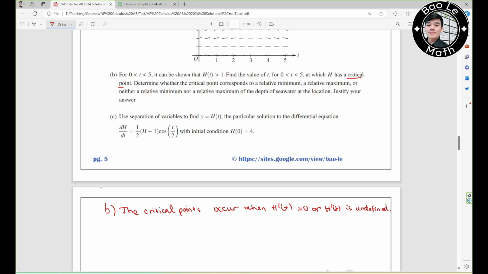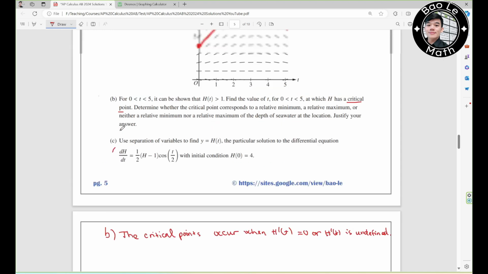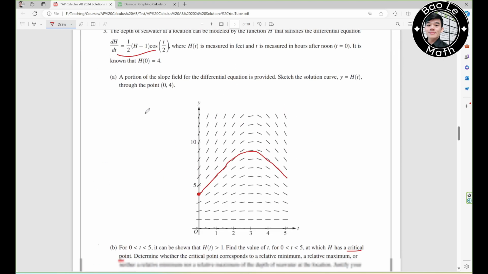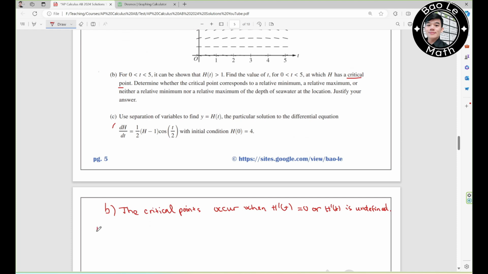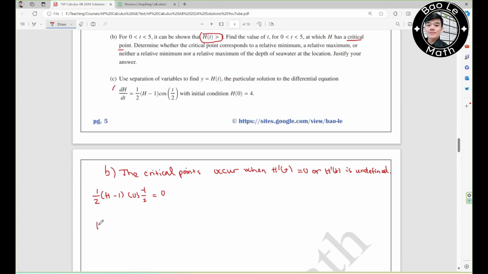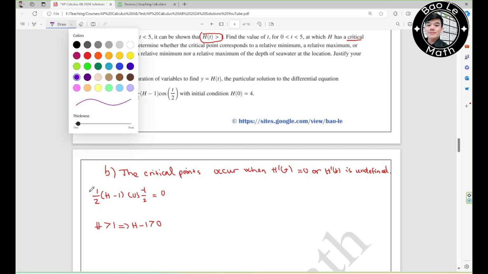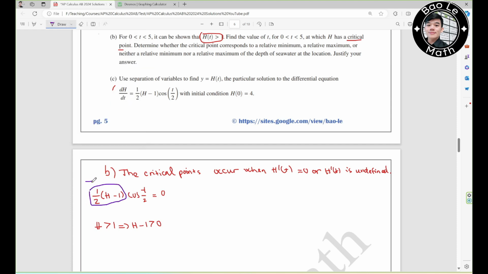So dh over dt is going to be right here. We have 1 half times h minus 1 times cosine of t over 2 equals 0. Now, because h is greater than 1, which means h minus 1 is greater than 0, we have this factor right here greater than 0.